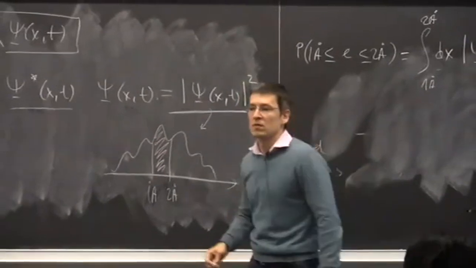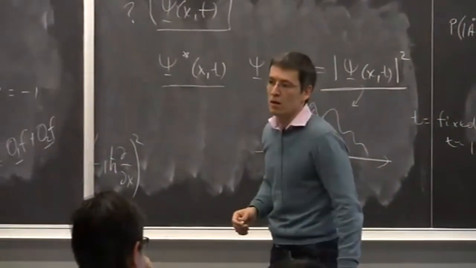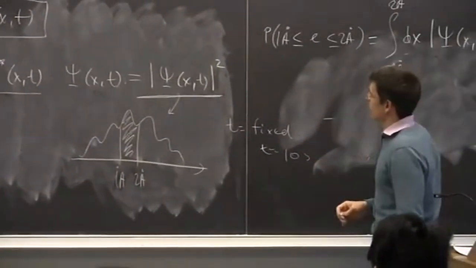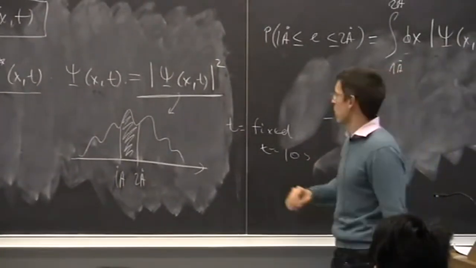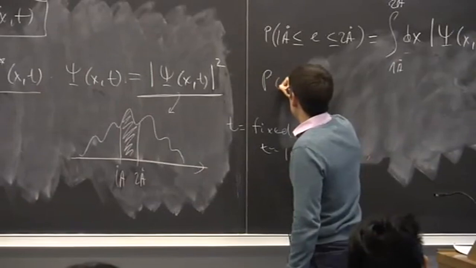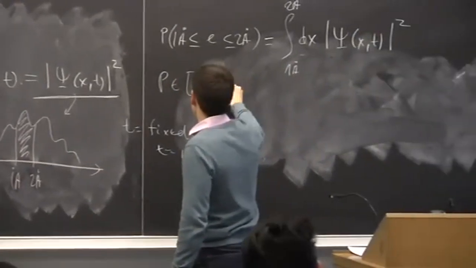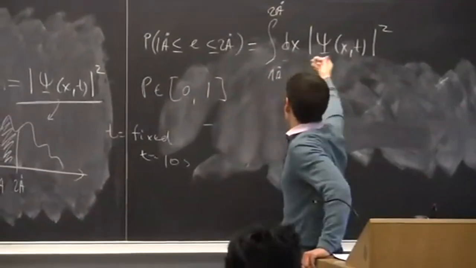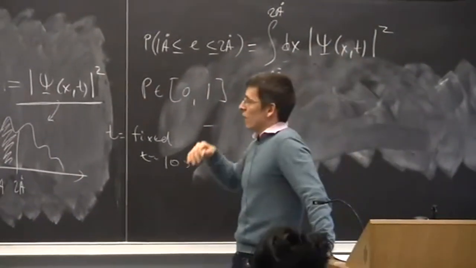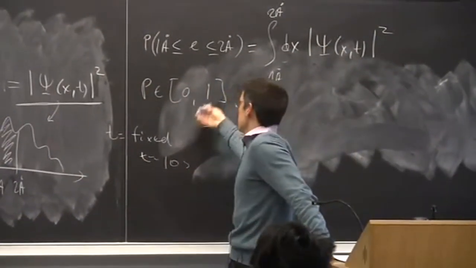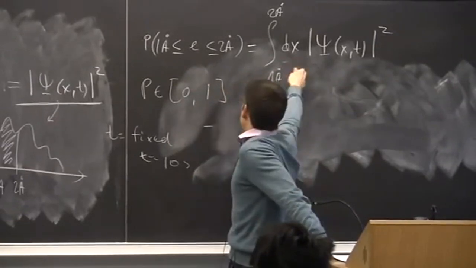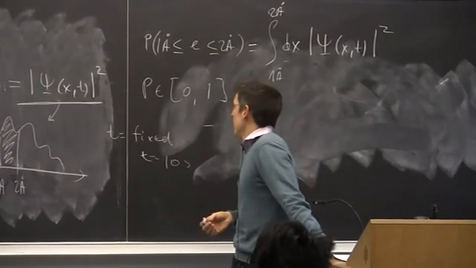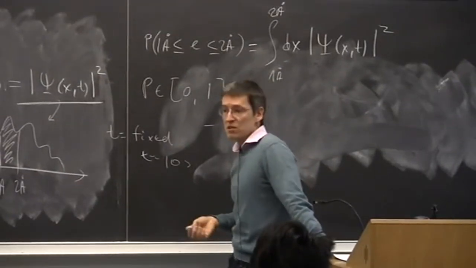Generally we will consider probability in the range from 0 to 1, so it's a normalized probability. The functions that we will be working with can always be normalized so that the probabilities obtained through this integration will always be between 0 and 1. That's just a convenience.